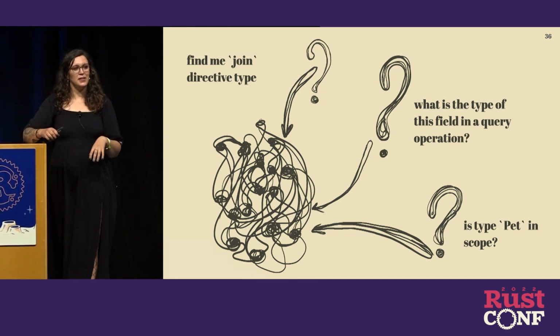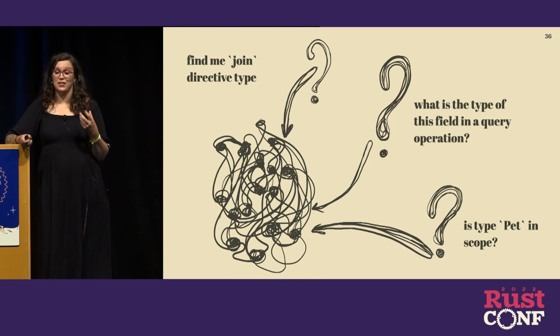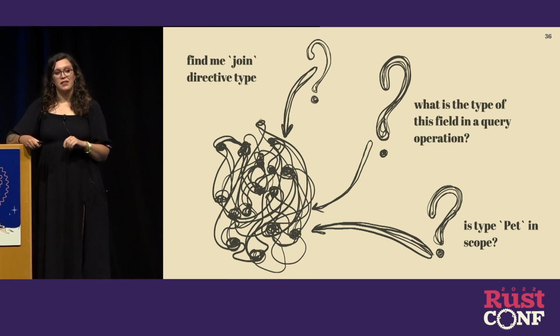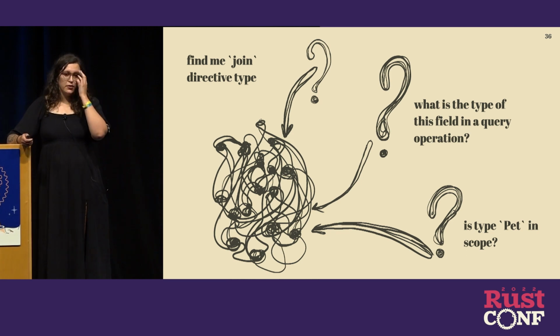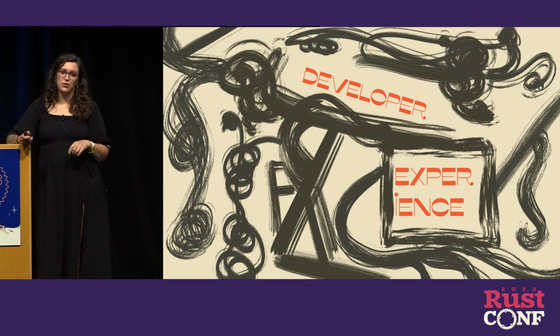So having a database and having a compiler produce us a database is great. But another thing that writing a compiler does for us, especially if done in a thoughtful and meaningful way, is being able to provide a really good developer experience for people working with GraphQL. So there's that database bit, and there's also this developer experience.